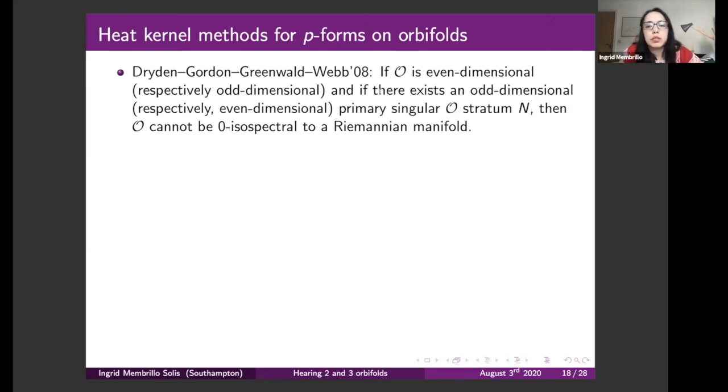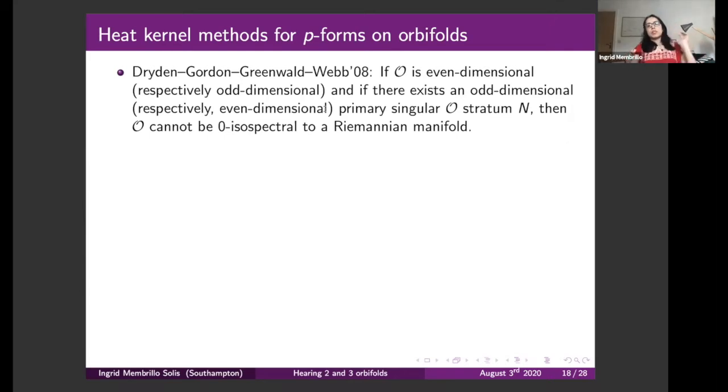The theorem says the following: if the orbifold is even dimensional, respectively odd dimensional, and if there exists an odd dimensional, respectively even dimensional, primary singular stratum, then the orbifold cannot be isospectral to a Riemannian manifold.